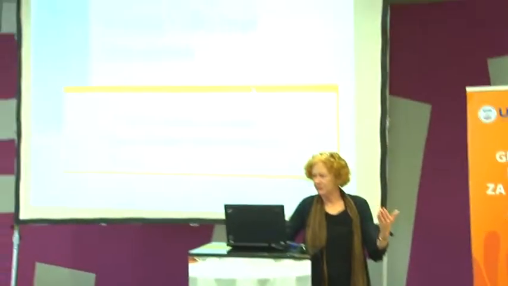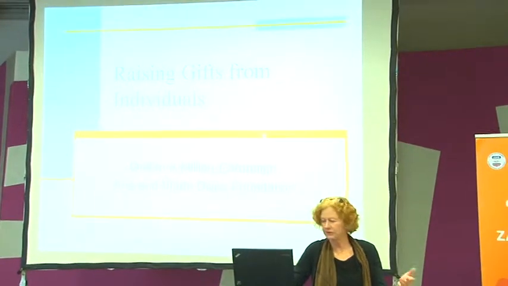What I want now, because we were talking about gifts from individuals, I'm going to talk just a moment about the DVETS Foundation and going through there. They were one of the organizations that I worked with on my previous visit here. And I want to show you what their picture looks like.